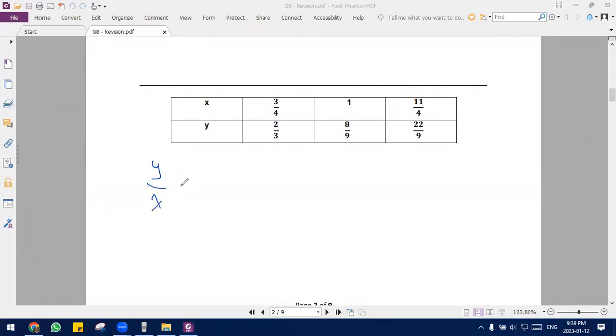So let me take the first value. We have y is 2 over 3, and then over, but instead of writing another fraction, I can write division, because fraction is a division. So we divided by x, which is 3 over 4.